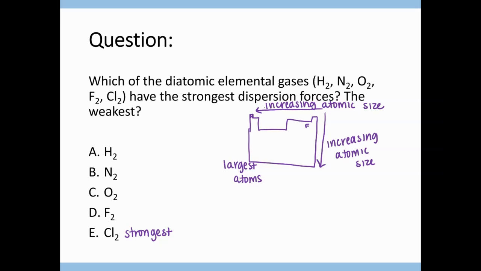Okay, so weakest would be hydrogen because this is smallest. Remember, hydrogen only has 1s electrons. Fluorine has 1s, 2s, and 2p. Questions? Yeah, go ahead. Yeah, that would be smaller than, yes, than hydrogen.